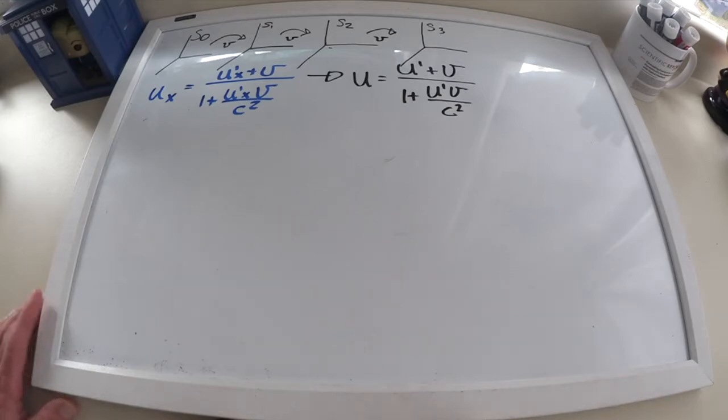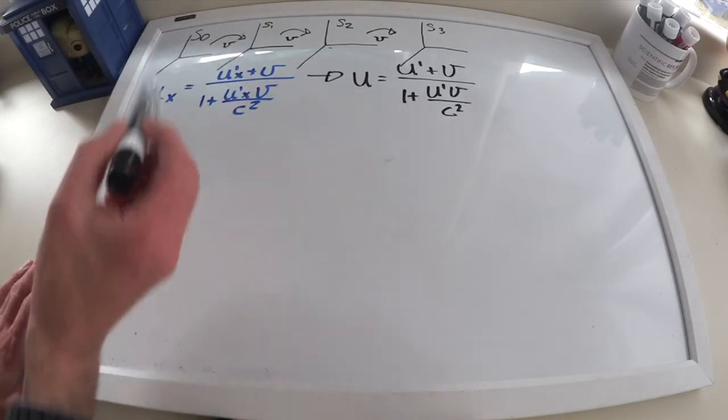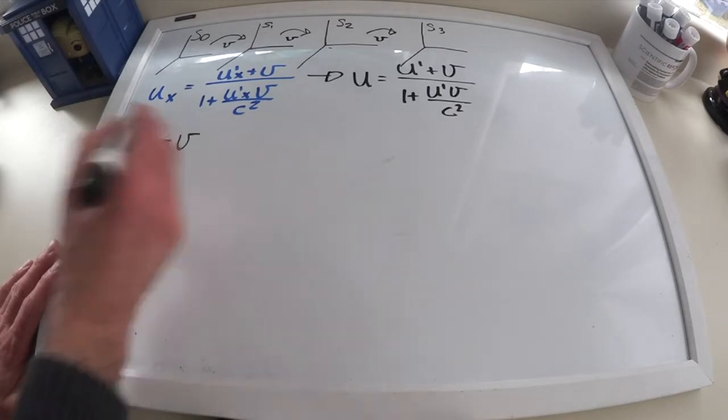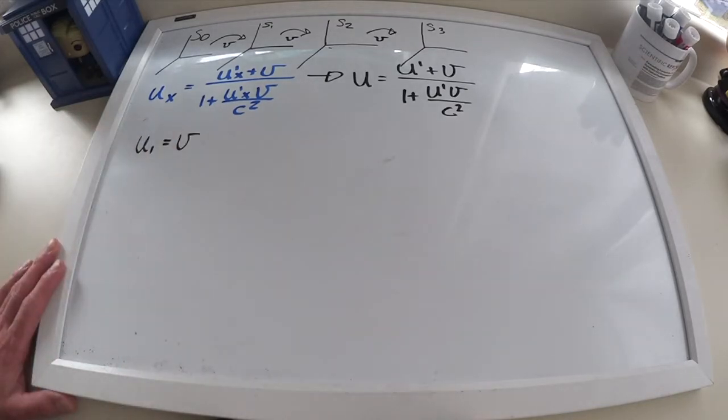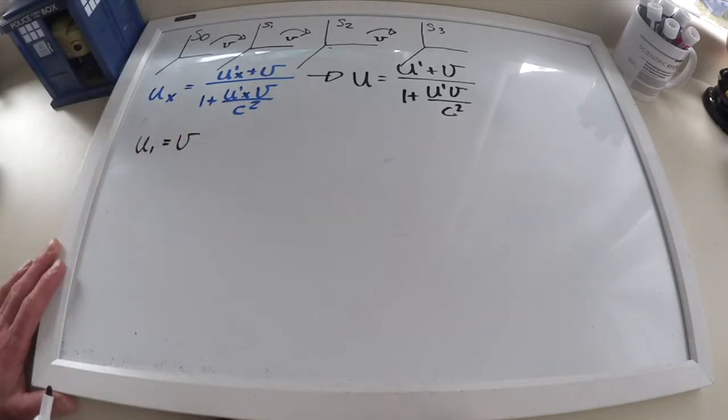So, for example, the velocity of the spacecraft when it is in the 1 reference frame, that velocity u sub 1, is going to be v. Just the first boost gives a velocity v with respect to the Earth.